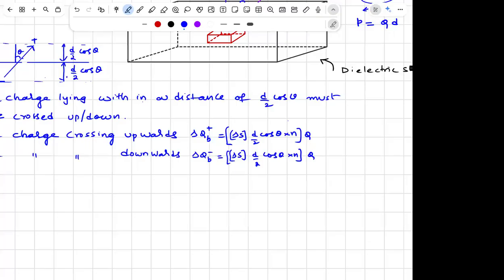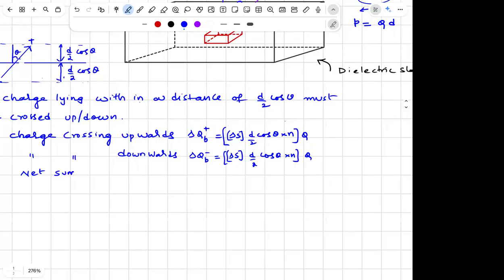Now you know clearly. Now tell me what is the net dipole. Please be very careful while I am writing this step. Net sum of charges crossing outward along the direction of the normal.